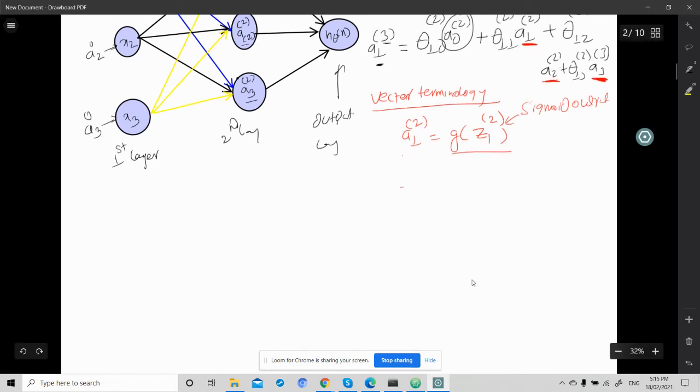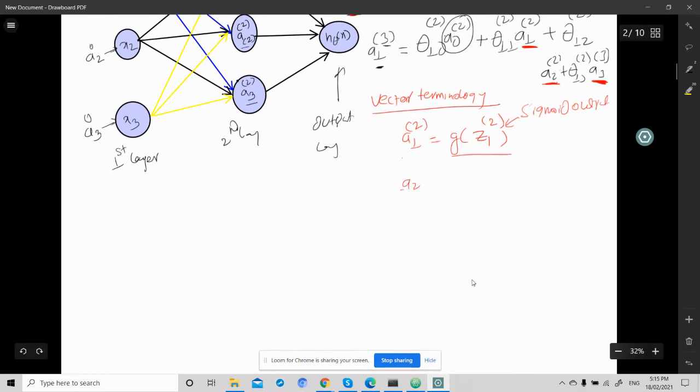Likewise for a2, we can denote that as g of z2 of 2 and so on. So my final hypothesis h theta of x will be g of z1 of third. This will be my final output.